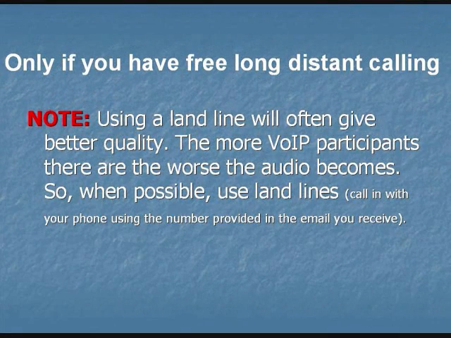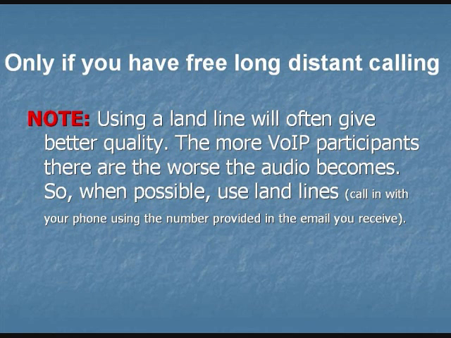As mentioned before, using a landline will often give better quality. VoIP means Voice over Internet Protocol, which means those students who choose to listen to the online class through their computers and through their speakers, and that's called VoIP.